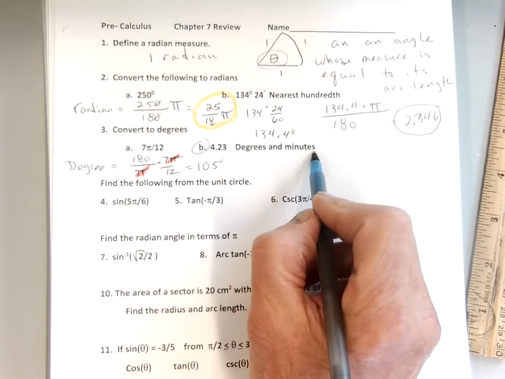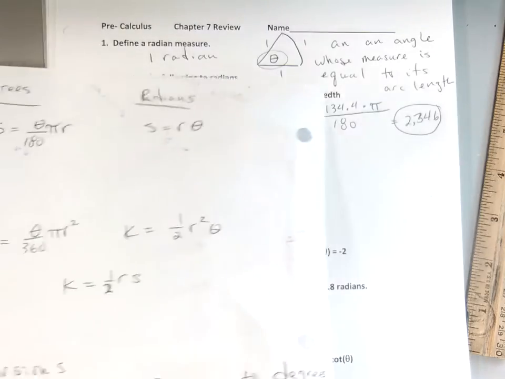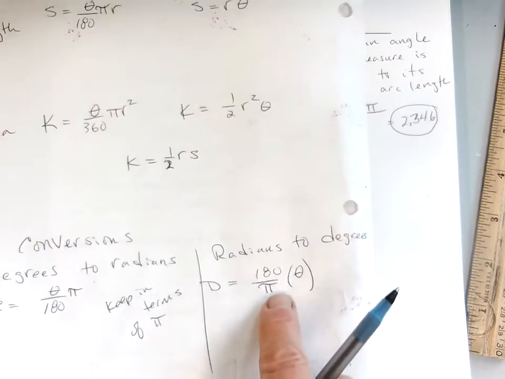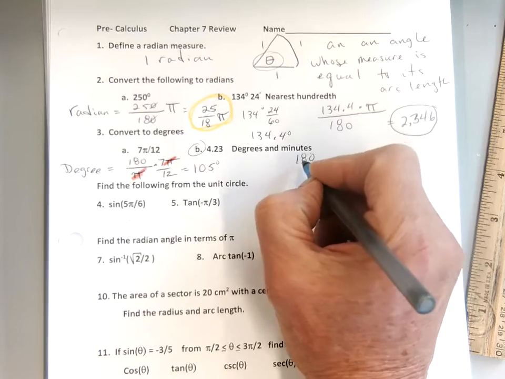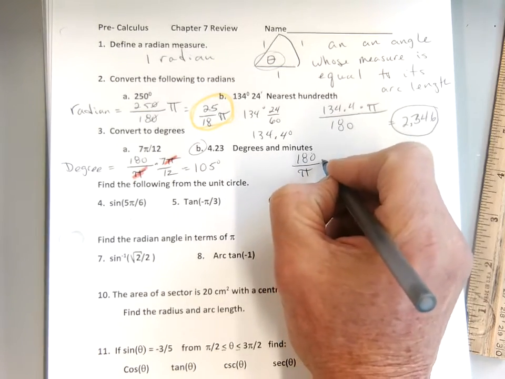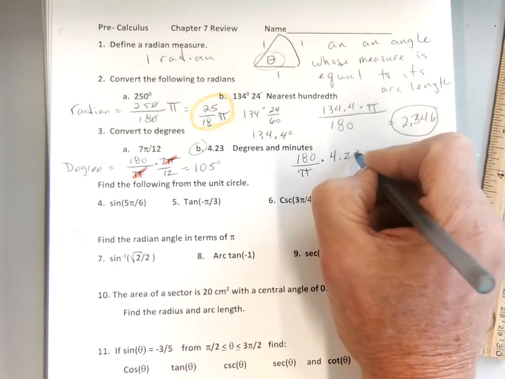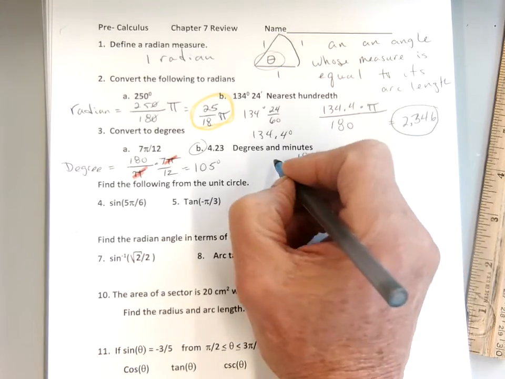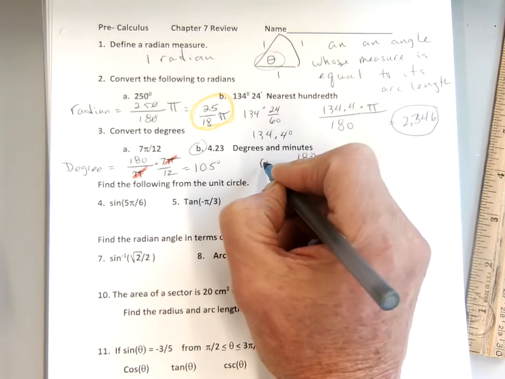Okay, B. Degrees and minutes. My answer's got to have minutes in it, but let's get to there in a second. So I take my formula. I'm going to go 180 over pi, and then I'm going to times it by this 4.23. And so that's what my degree is going to equal.